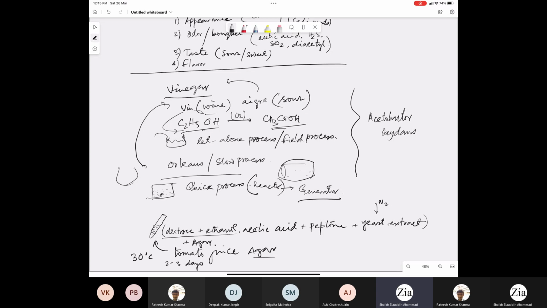But when you keep them in the fridge for a longer period at 5 to 10 degrees centigrade, cell viability will decrease. So if you need long-term preservation, it is better to lyophilize the culture and then store the dry lyophilized culture.